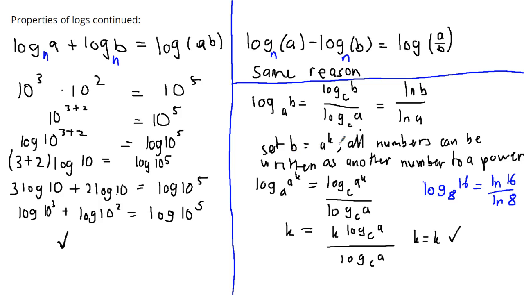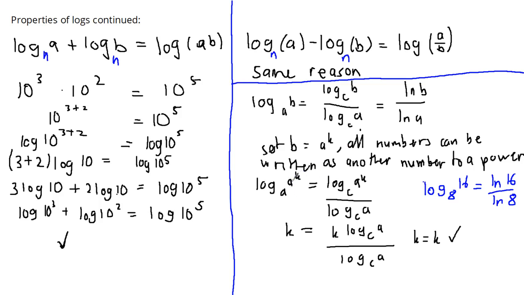So for example, 4 is 2 squared, 3 is 2 to the log base 2 of 3. It can be written in any exponent, but all numbers can be written as another number to a power, so we can replace all the b's with a to the k.